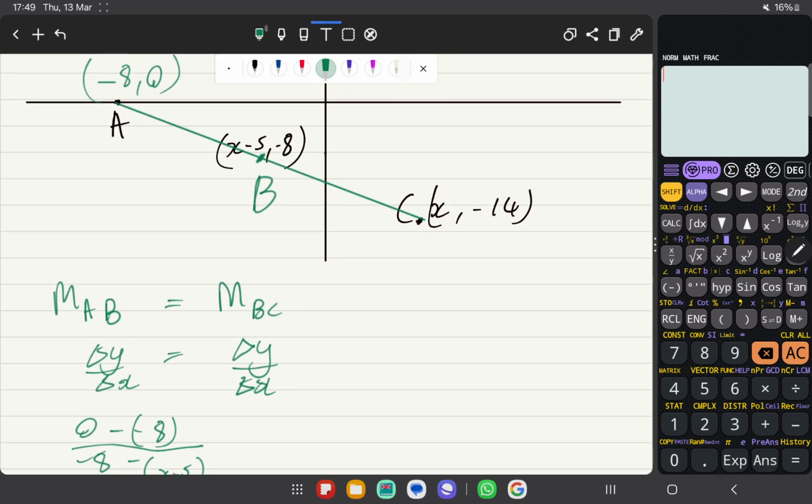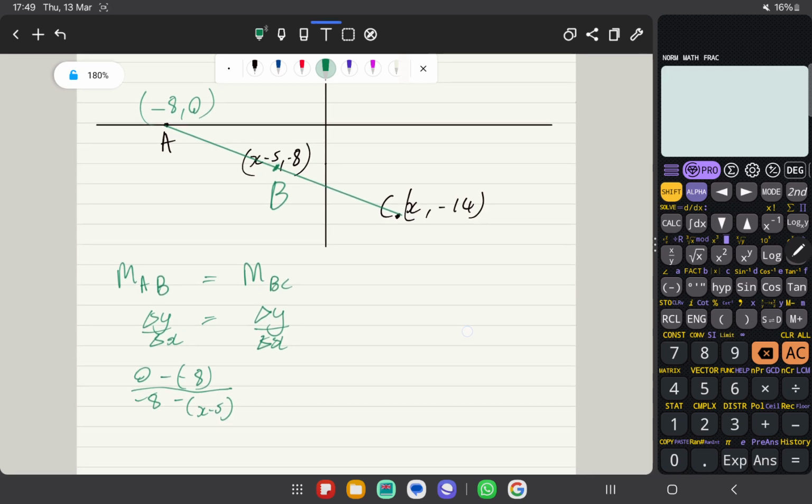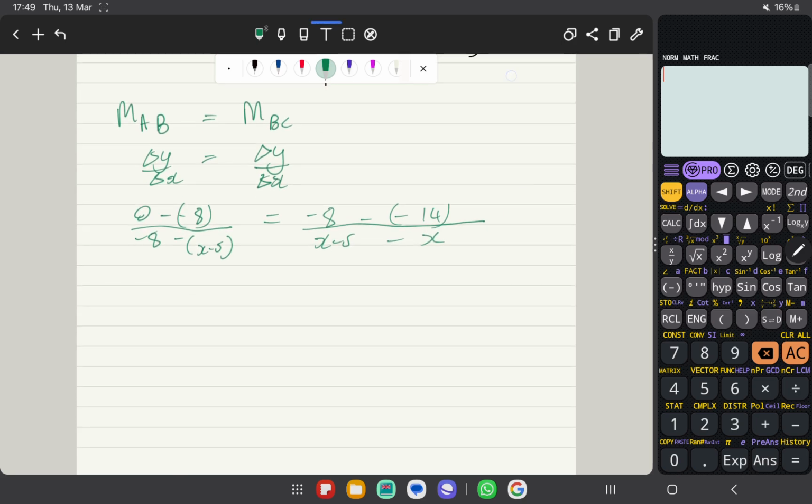That is my gradient from AB. And then it has to be the same as this one here. So I have -8 minus -14, then I have x - 5 minus x. Then from here, I'm just solving for x.